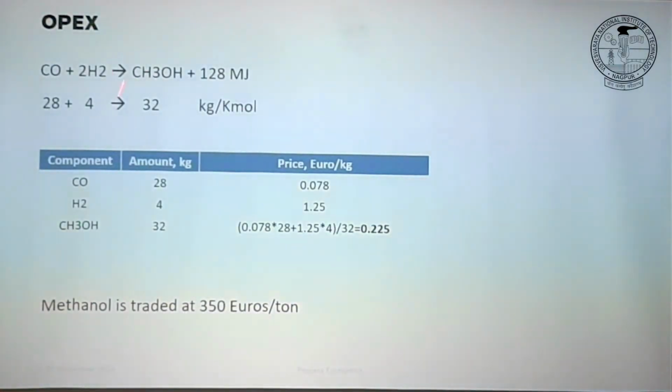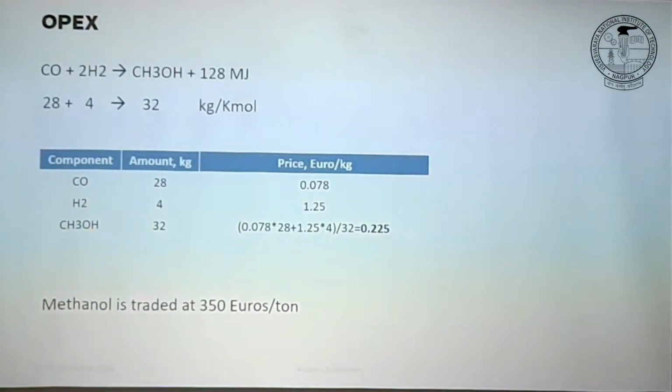So let's continue with the same example. Everybody knows the molecular weights 28, 4 and 32 for these three components, right? So if you do the mathematics, for example, I provided here the price of CO and the price of hydrogen, which is specified here, right?